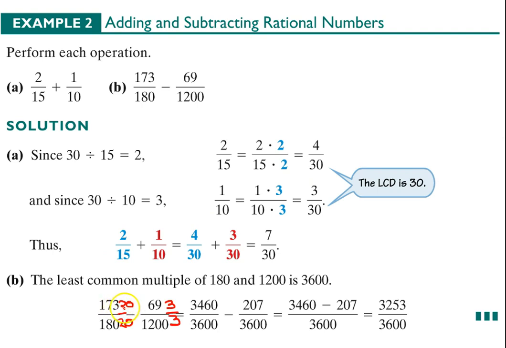The answer here is you have to multiply this fraction by 1 in the form of 20 over 20, and this fraction by 1 in the form of 3 over 3. So you get your common denominators, and you're going to subtract the numerators here, and then this gives you the final answer. Now, this is odd, and this is even, so you can't take a 2 out, and this happens to be a prime number. So that is the answer.